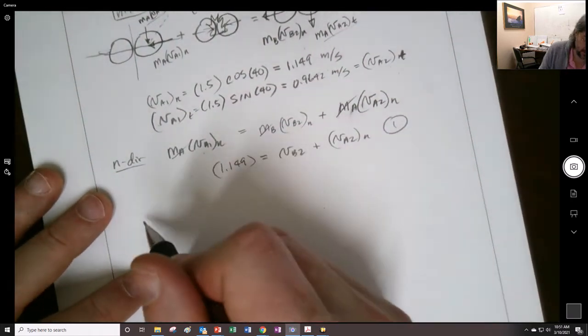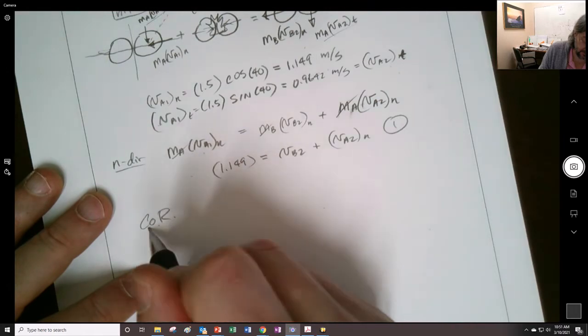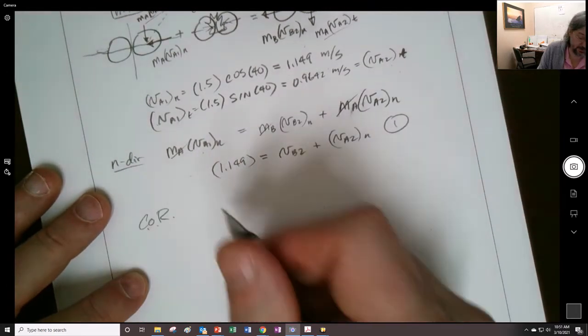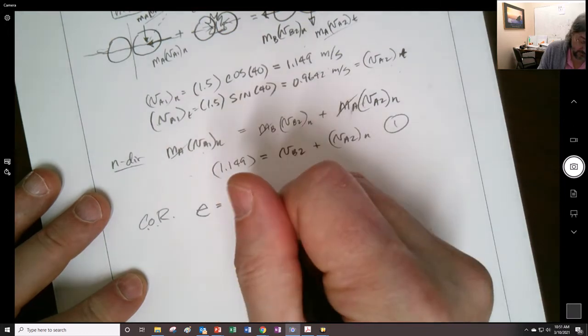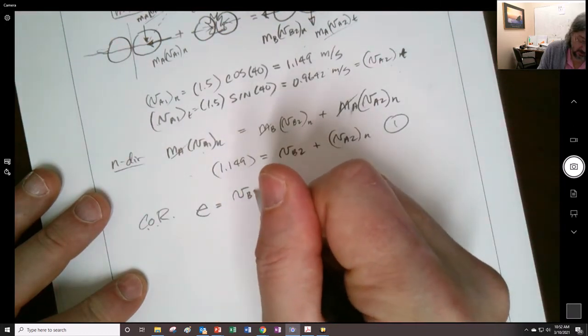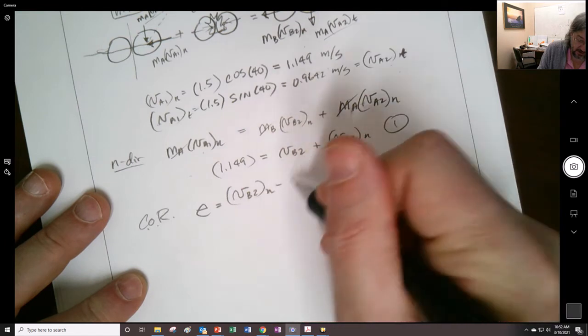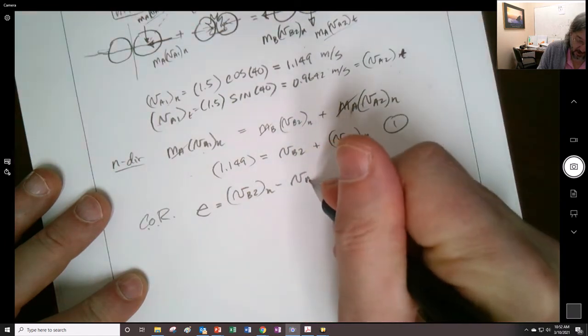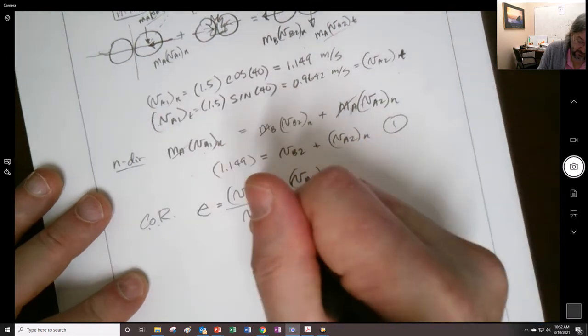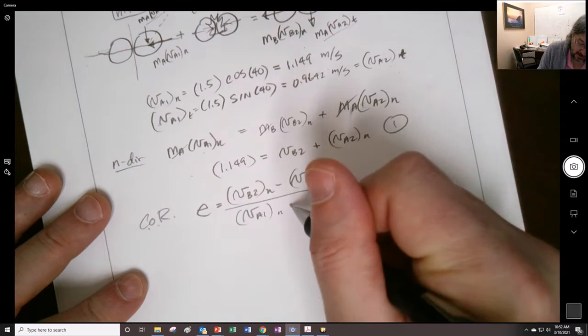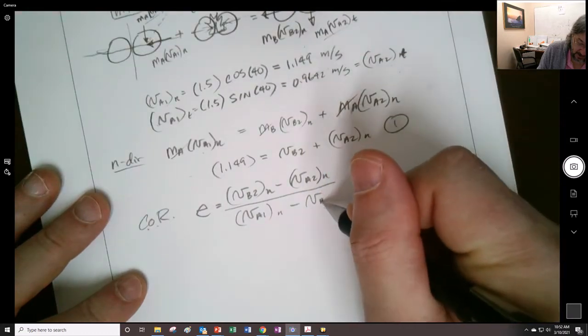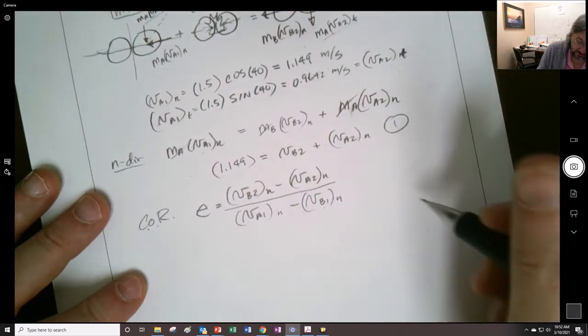Then I take the coefficient of restitution in the normal direction right here, and I'll write it out the right way: VB2N minus VA2N divided by VA1N minus VB1N.